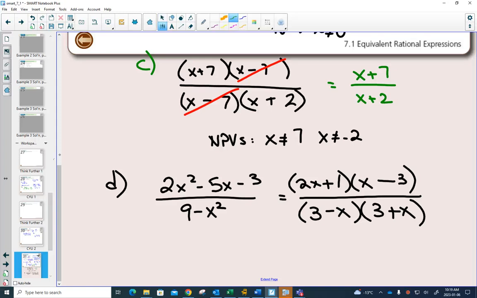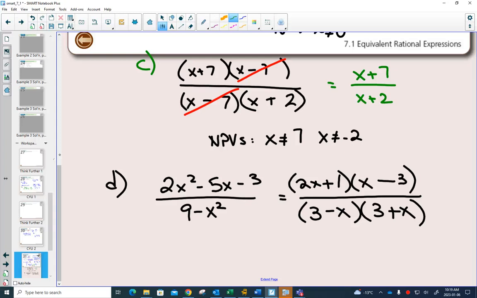This one is interesting, because I hope you notice right now that things are close, but nothing matches up perfectly. Why? I have an x minus 3. Is that the same as a 3 minus x? Not exactly.